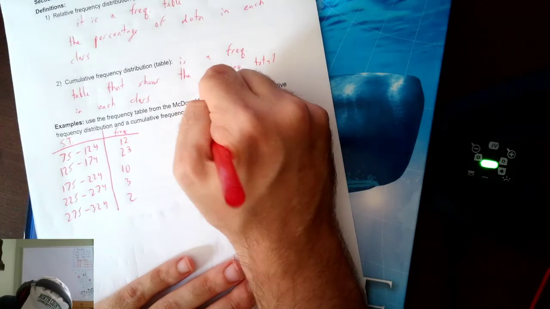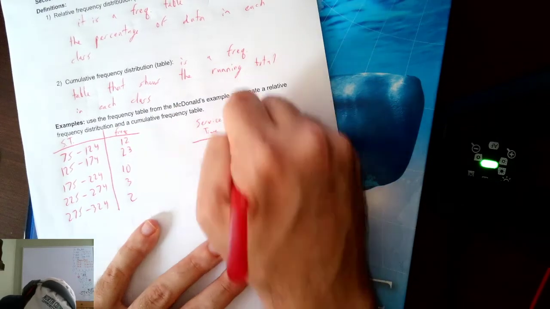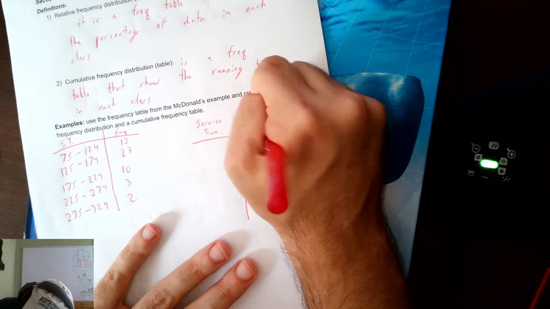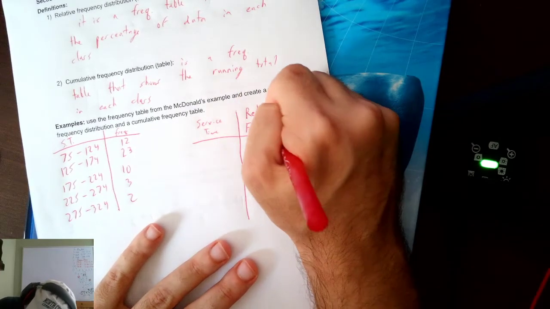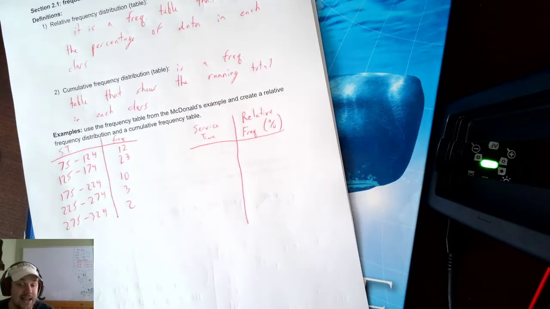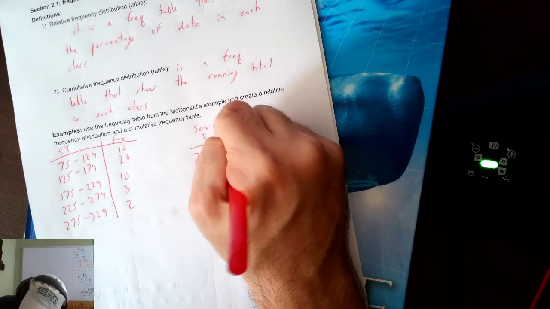We're still measuring service time, but now instead, we're keeping track of the relative frequency, which you might want to write a little percentage sign next to help you remember. My categories do not change.